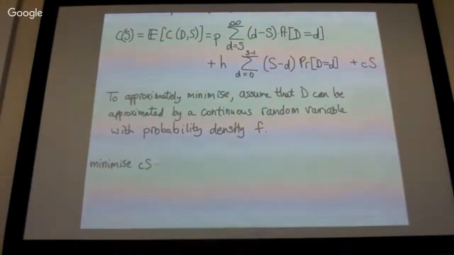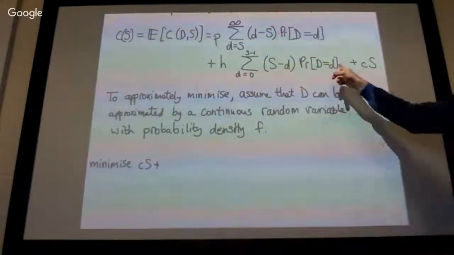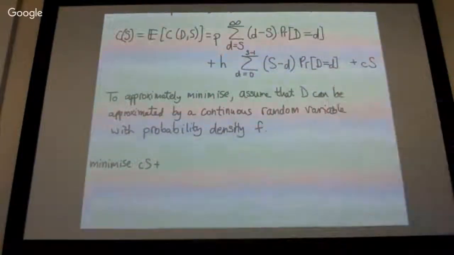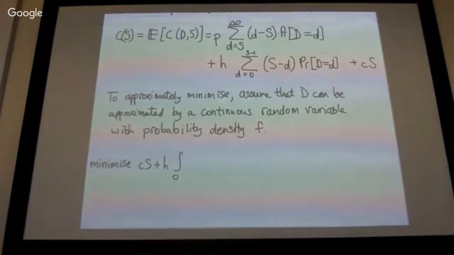Now this sum from 0 to S minus 1, if we're pretending that this is actually continuous, is going to turn into an integral from 0 to big S of S minus x, and the probability is now f(x).